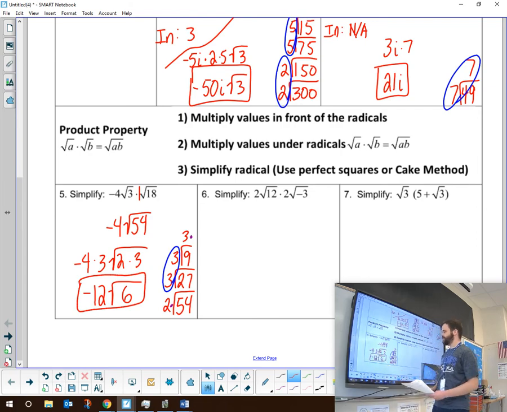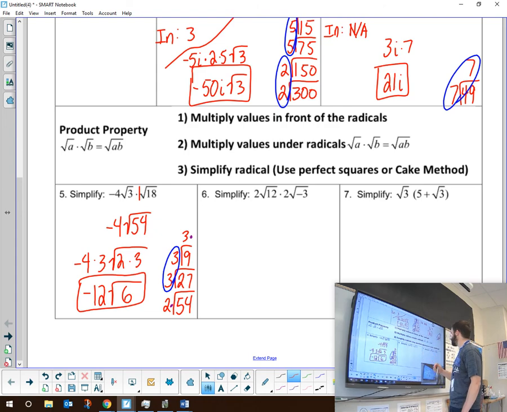So my answer is going to be negative 12 times the square root of 6. So let me make sure that's correct. I think I might have messed up somewhere. Let's see. Nope, looks good to me. Okay.